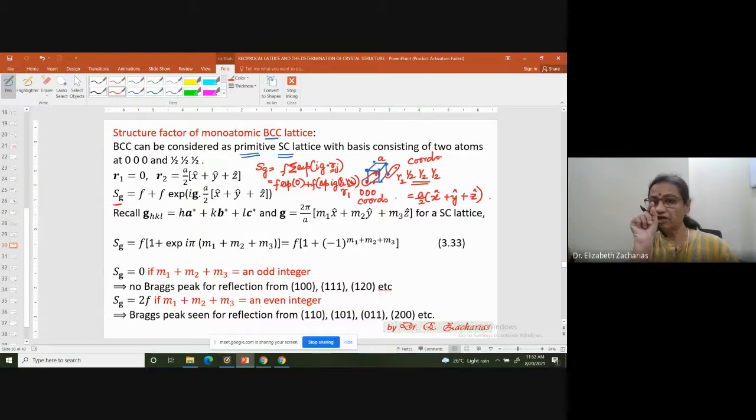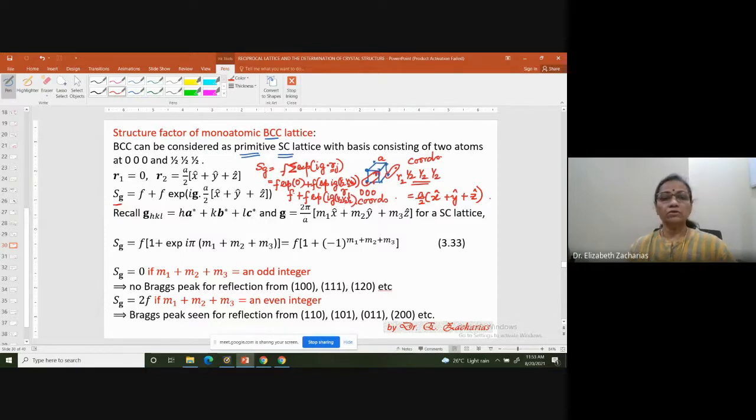You're going halfway along X, halfway along Y, halfway along Z to reach that point. So you're getting two parts like this. Exponential of 0 is 1. So you get F plus F into exponential IG, then half, half, half.